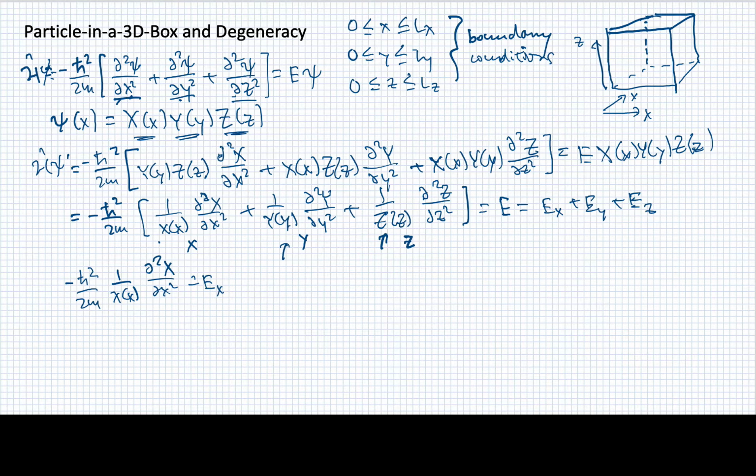Now when I multiply both sides by X of x, I'll end up with the effective Schrodinger equation in the x direction: minus h bar squared over 2m, the second derivative of X with respect to x, equals E sub x times X of x. So we can see that this is identical to the 1D particle in a box.